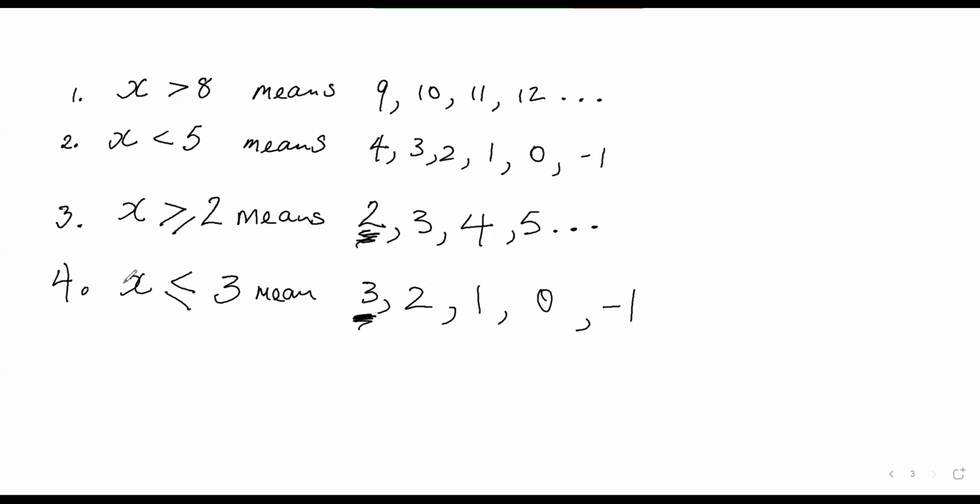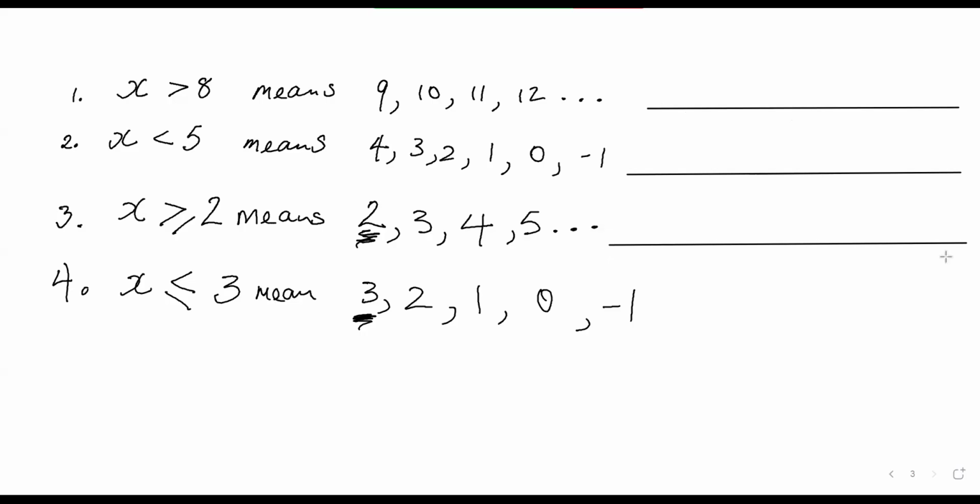Okay? So I have to show you on a number line, because CXC loves to bring these things and they ask you to represent it on a number line. So I have to take the time to go through the work on a number line.